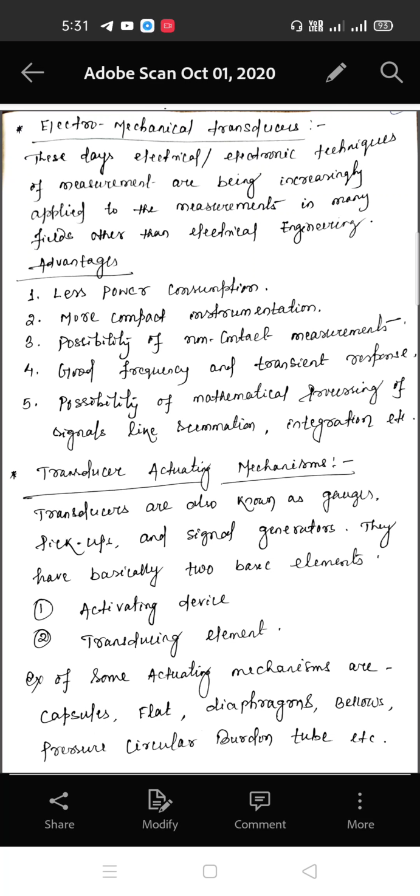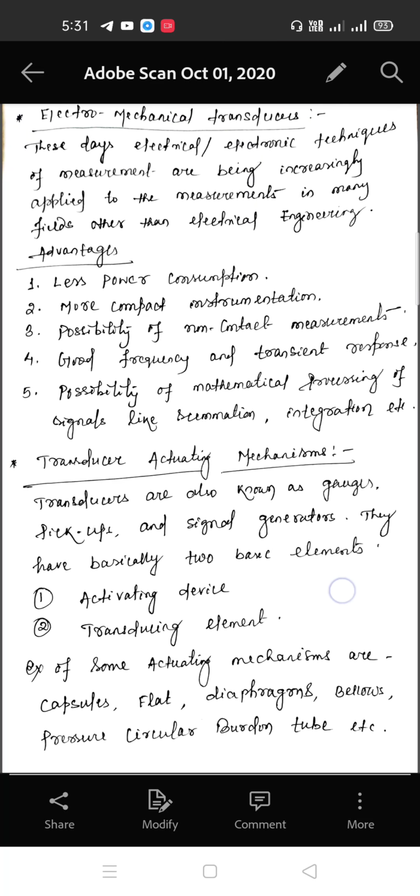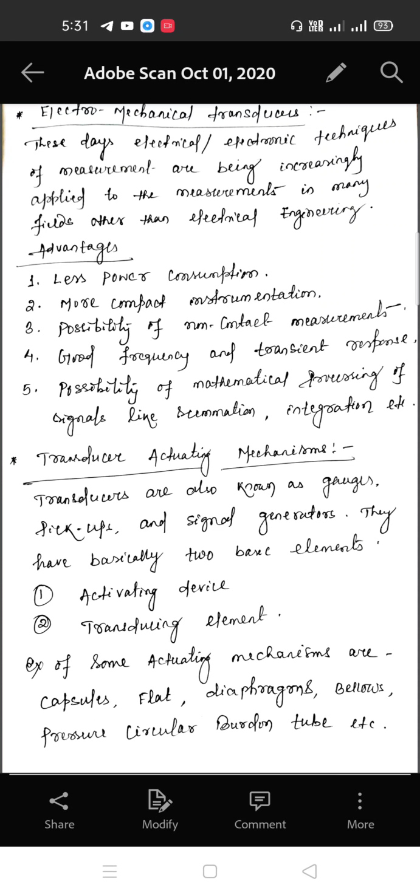Next we will see the transducer actuating mechanisms. Transducers are also called gauges, pickups and signal generators. Basically there are two major elements of a transducer actuating mechanism: one is the activating device and the other is the transducing element.